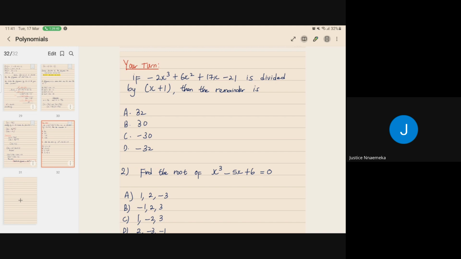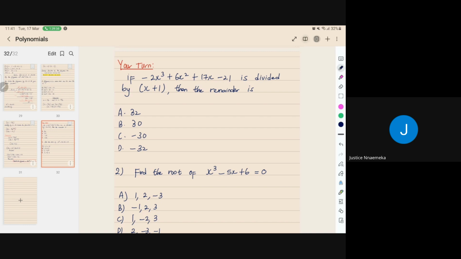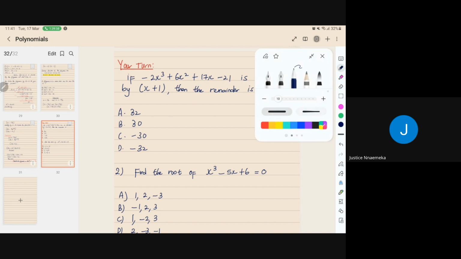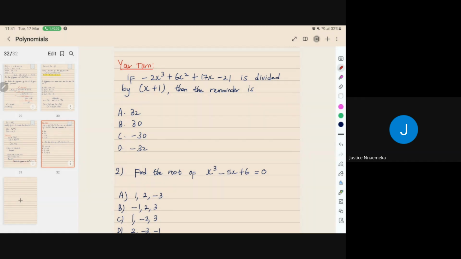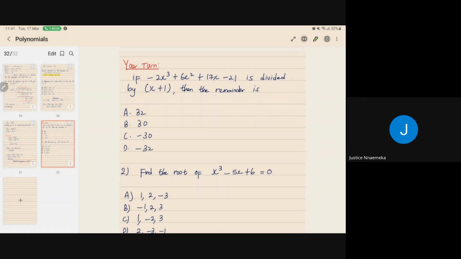Have you checked your sign very well? I've checked it. What I'm getting is minus 31. Okay, let's do it together then and see what the challenge is, whether it's from the options or from your own solving. Is that okay? All right.